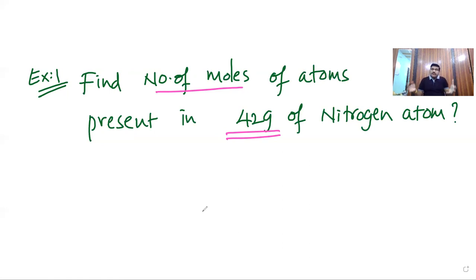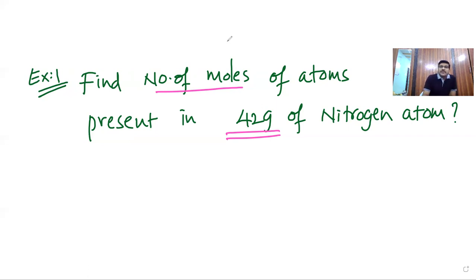Indirectly, in 42 grams of nitrogen atoms, how many moles are present? How many moles of atoms are present? That means the number of moles is required in 42 grams of nitrogen atoms.